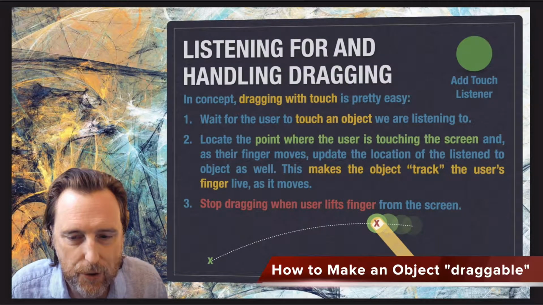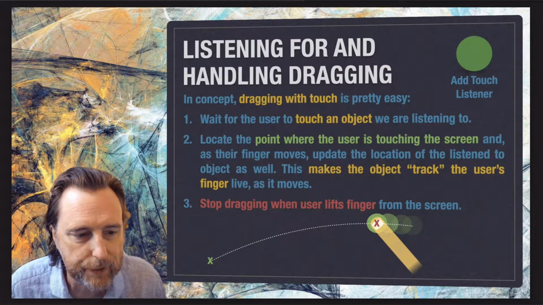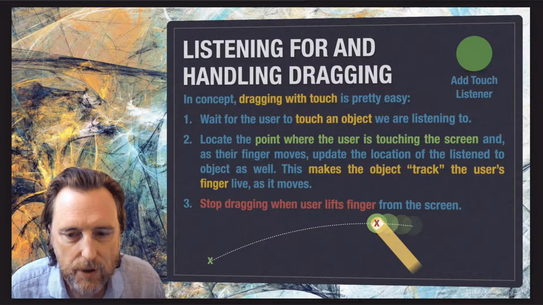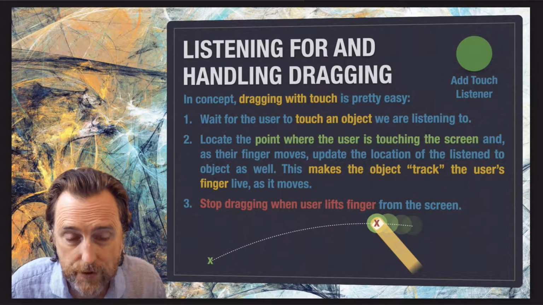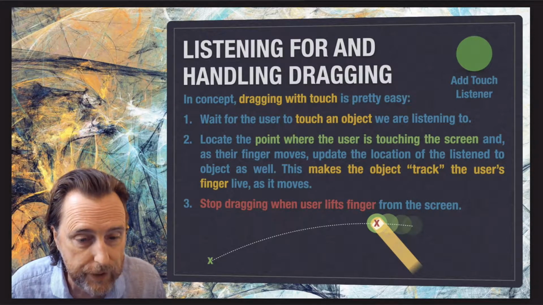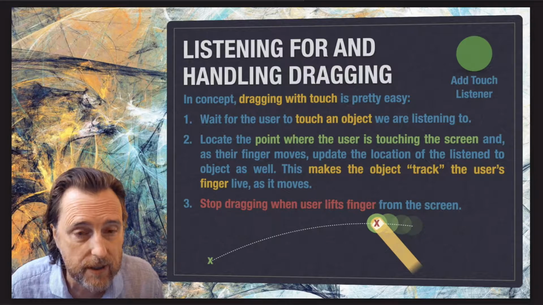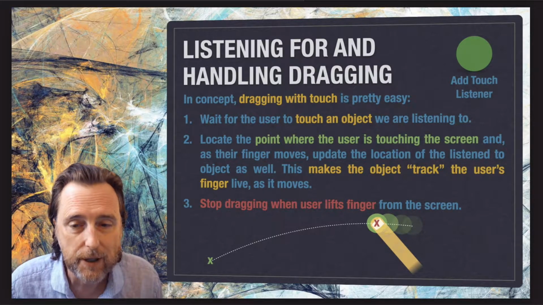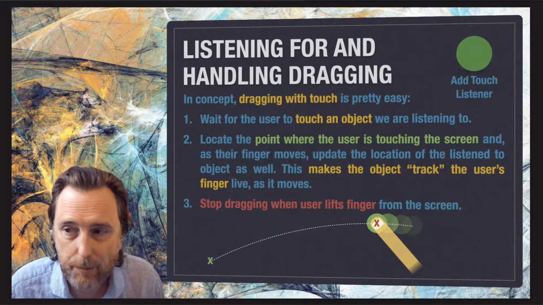All right, so the idea of drag is that when the user puts their finger down on the device or on a display object which you've added a touch listener to, then Solar 2D records that and also records the location of the user's finger. And as long as their finger's down on screen, the touch handler will be able to report on that XY location of the user's finger live as they move it.